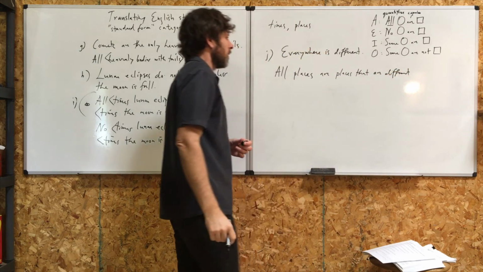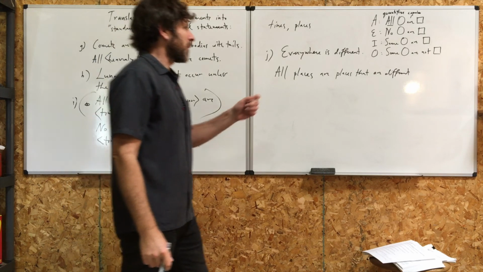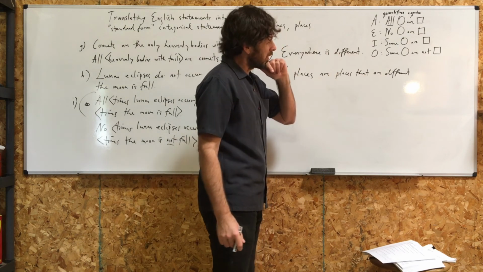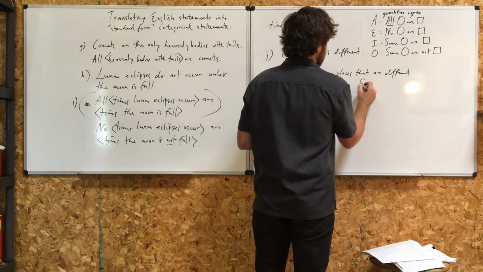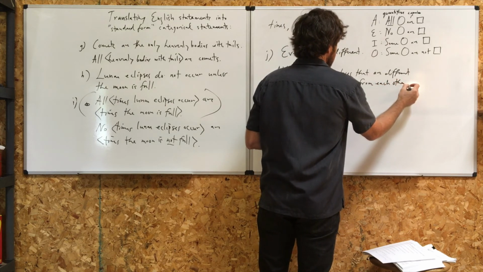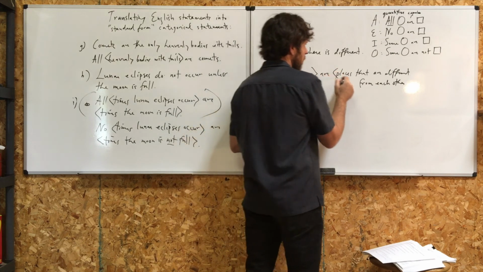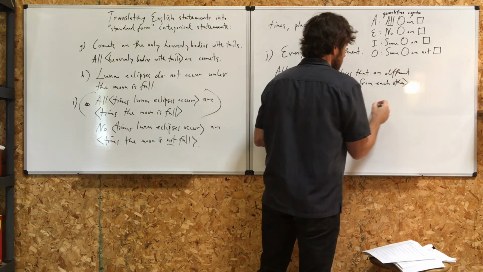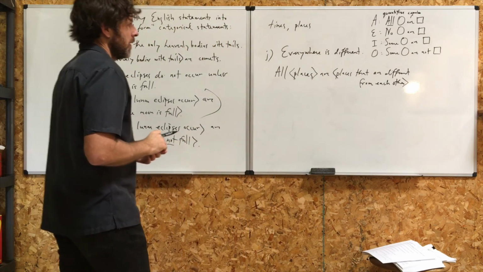Now, should we add something else? I think maybe that's good enough. But it's saying they're different from each other, isn't it? It's a little iffy. I'd like to know the context a little better, but I guess I'd probably write this: all places, so that's the subject term, are places that are different from each other. Everywhere is different. I think that's what it's getting at. Okay.